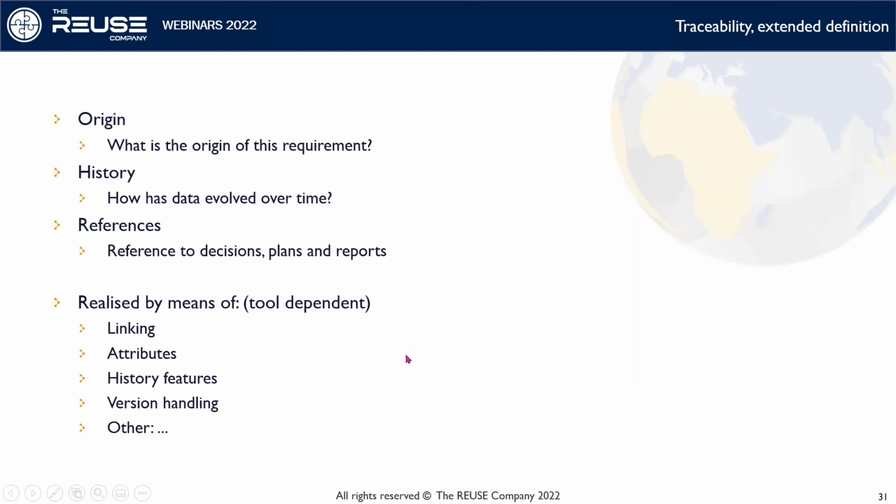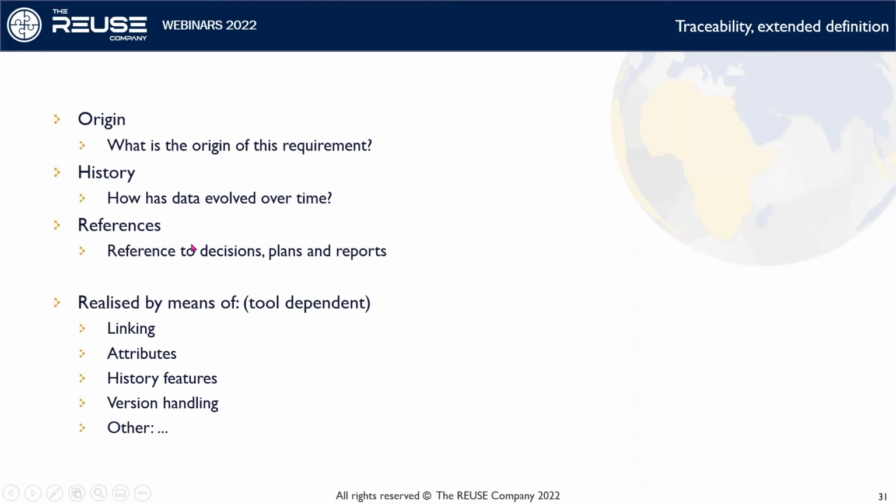But I would wish to extend the definition of traceability a bit. This is basically the previous slide, origin of the requirement, and from the other end, how has it been satisfied downstream. But also history is a sort of different dimension to it. How has every piece of data been evolving over time? That's some sort of traceability as well.